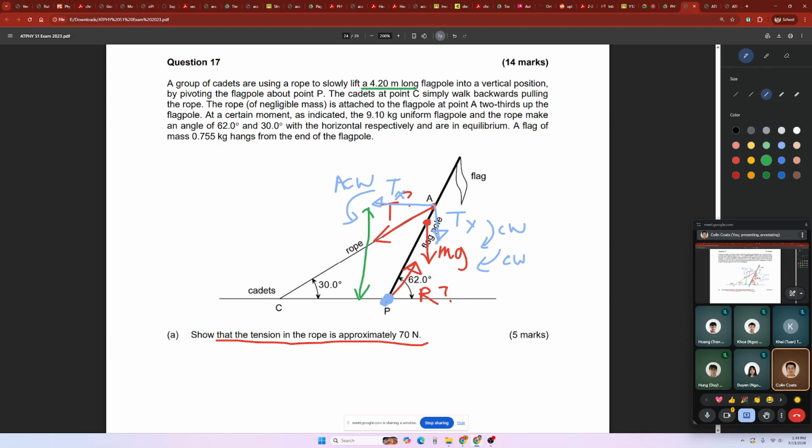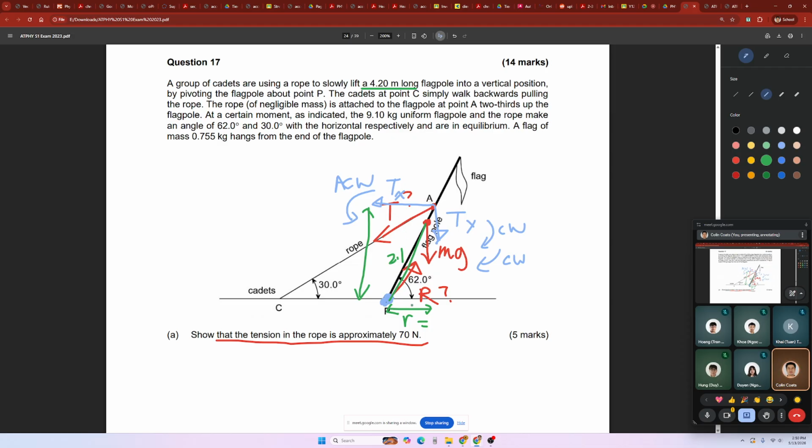One thing we know is that this radius must be perpendicular to the force direction. So that's R. And this one will be the length, which we consider to be half the length of the pole itself. So that's 2.1. We know this distance is 2.1 meters.